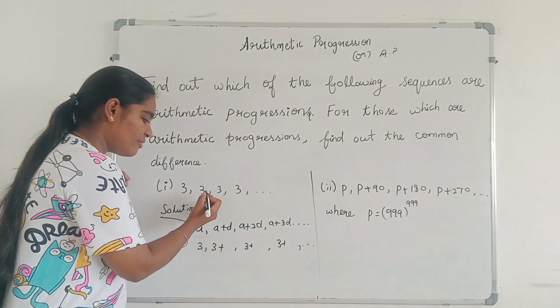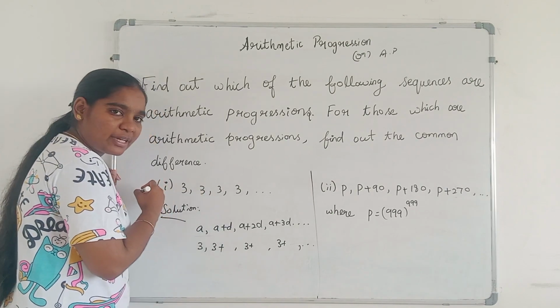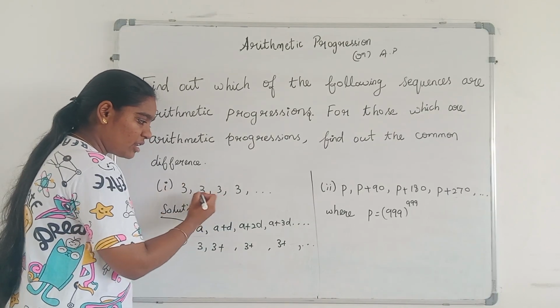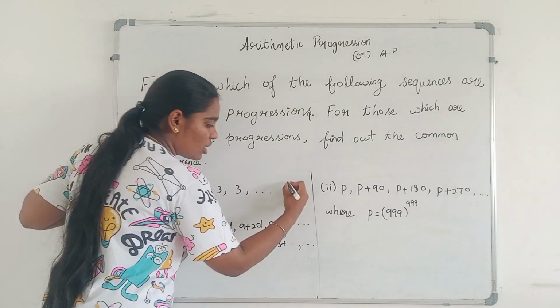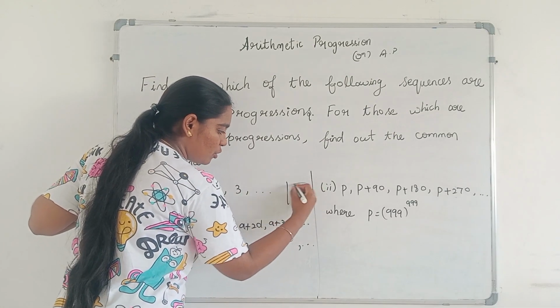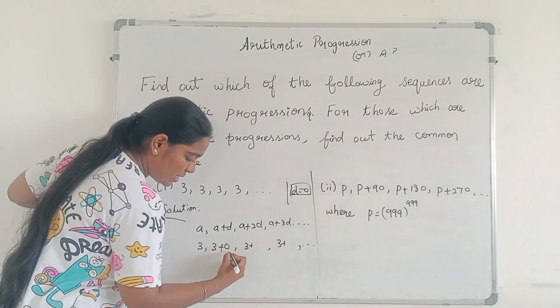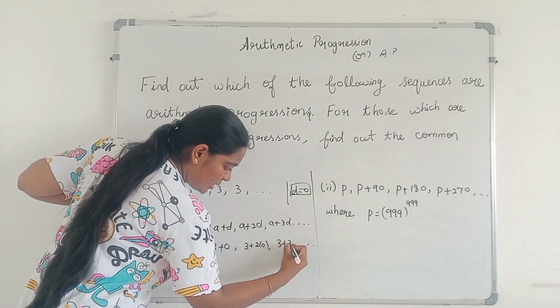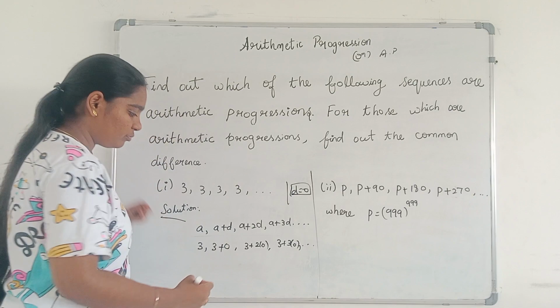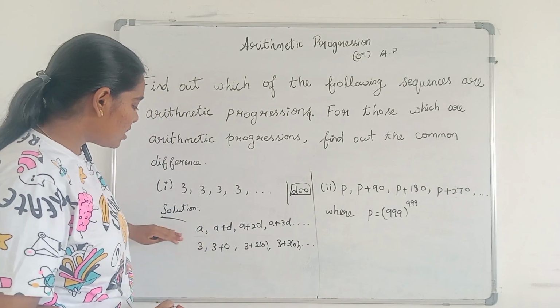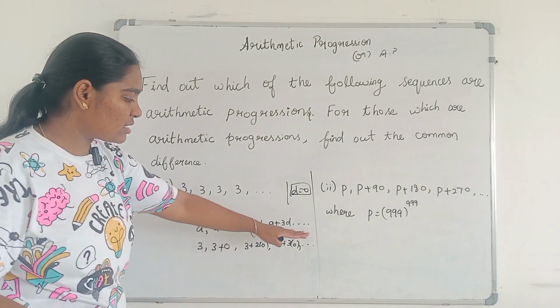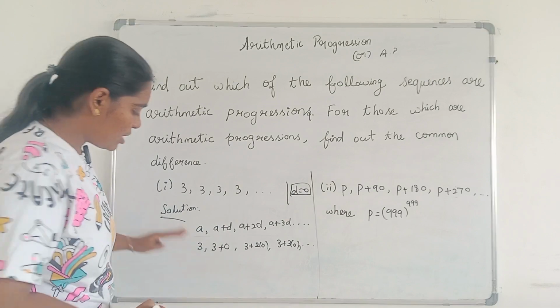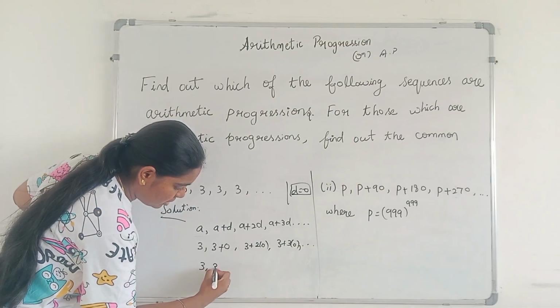Here the difference between this term and its preceding term is 0. Here 0, here 0. So our common difference will be 0. So here 3 plus 0, here 3 plus 2 into 0, here 3 plus 3 into 0. While comparing this sequence with the arithmetic progression, we are getting the same one.